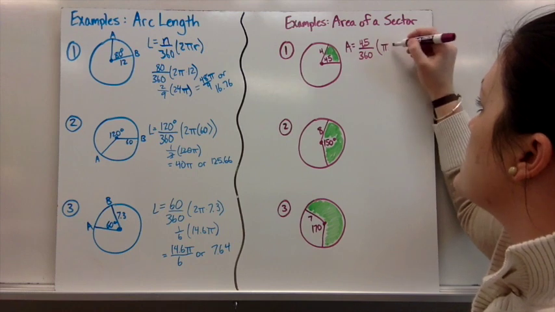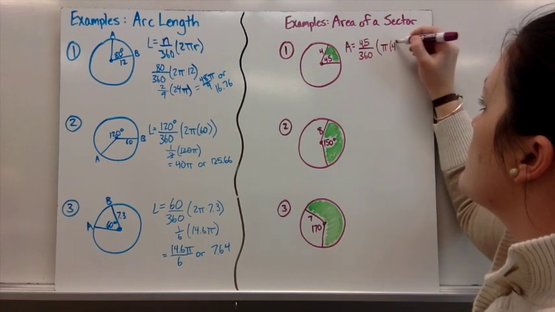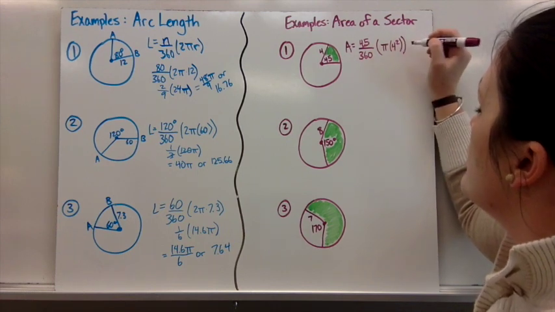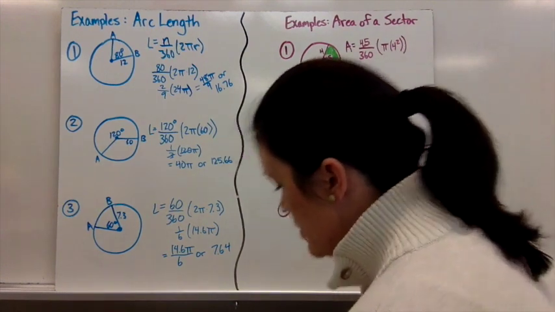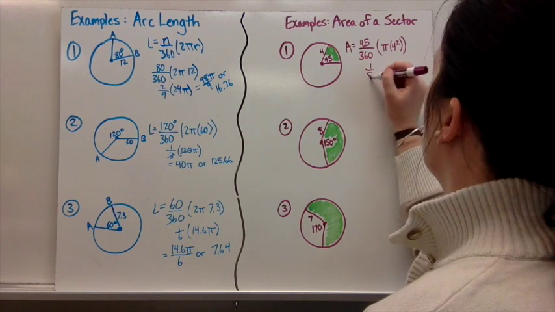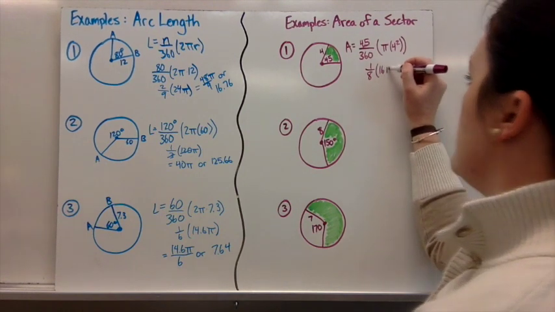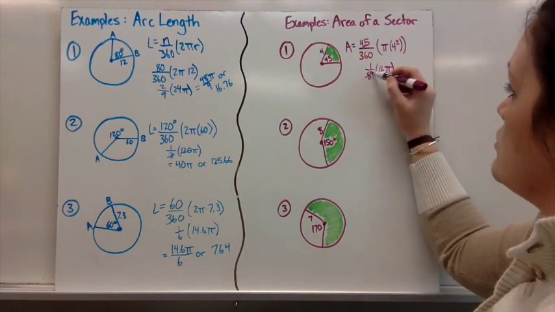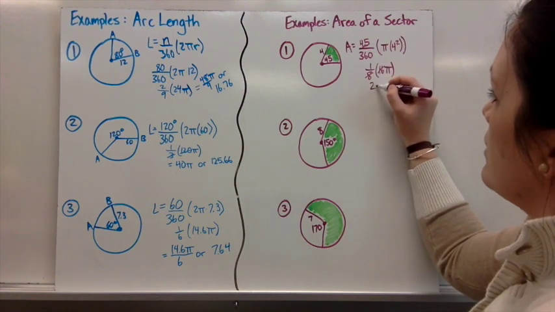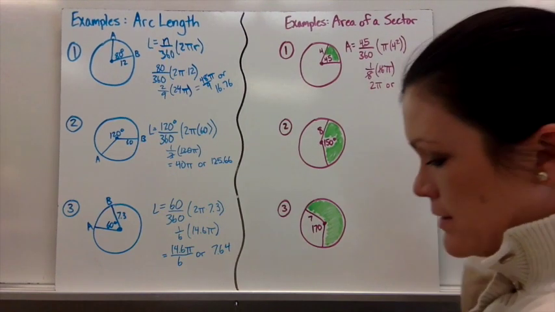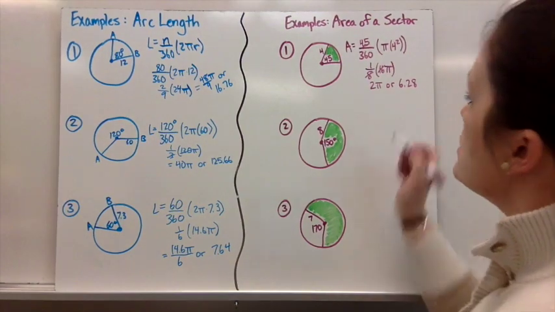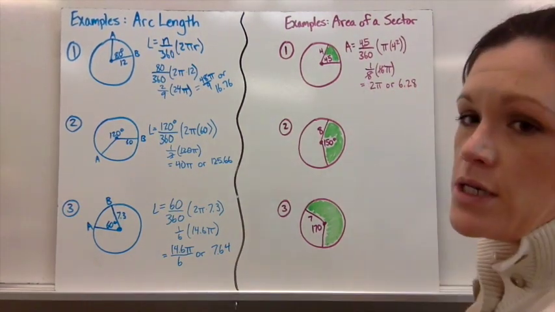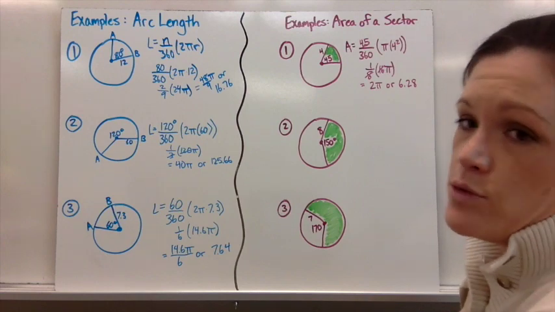So we have pi times 4 squared. And then 45 over 360 reduces to be 1 over 8. And then we have 16 pi. So we can reduce that to be 2 pi, or the decimal, which came out to be 6.28. Again, it's good to practice either one in case you need the one with pi or the decimal.